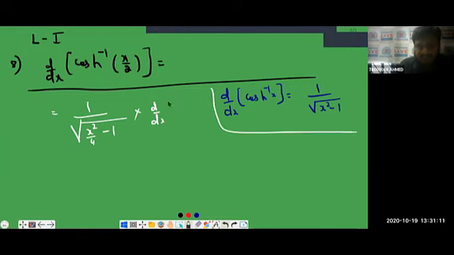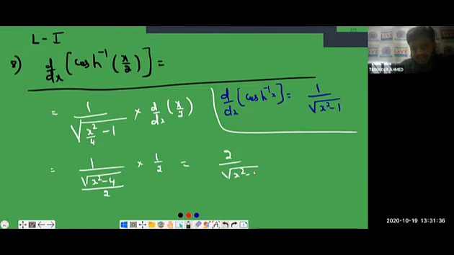Take LCM: root of x square minus 4 whole divided by 2, into d by dx of x by 2, which is 1 by 2. We can cancel the 2 and 2, so this is 2 divided by root of x square minus 4 into 1 by 2. So the answer is 1 by root of x square minus 4. Hope this is clear.